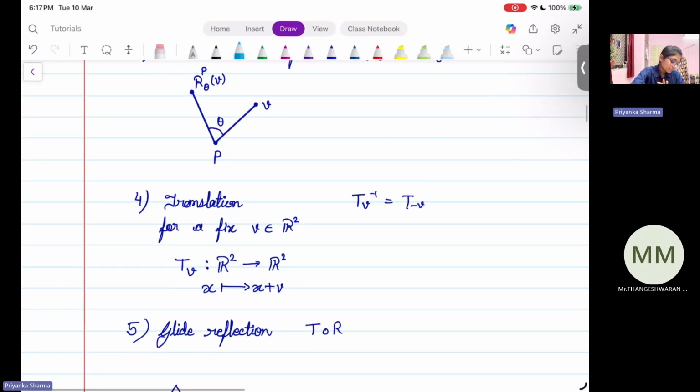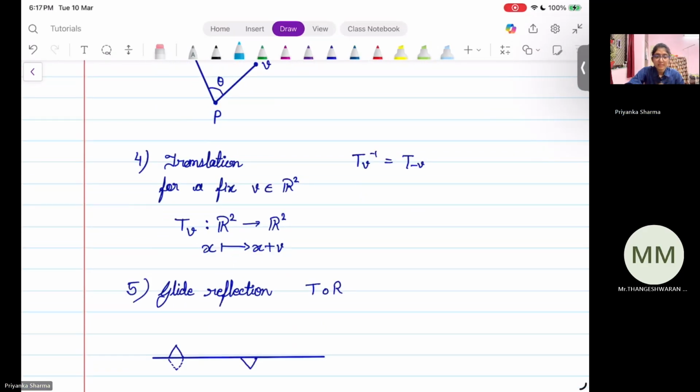Next category is translation. Translation means we are translating some elements. Suppose we have a fixed element V in R square, and we want to define translation with respect to this point. Suppose we have this map TV from R square to R square. How do we define it?